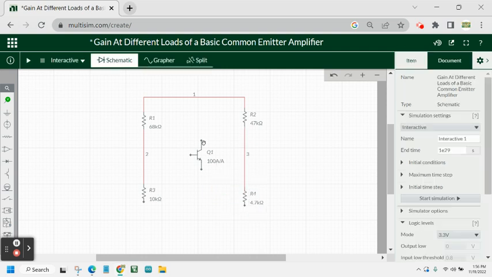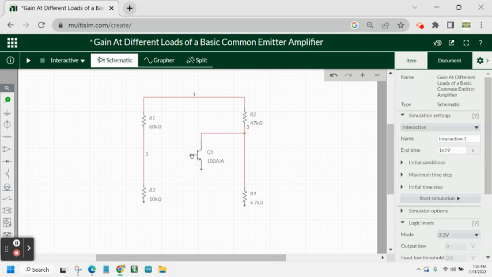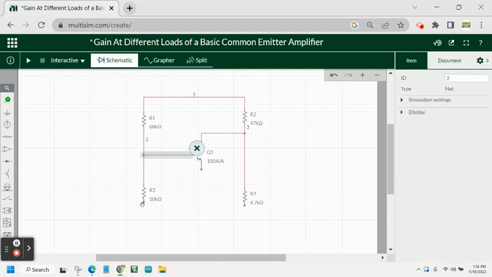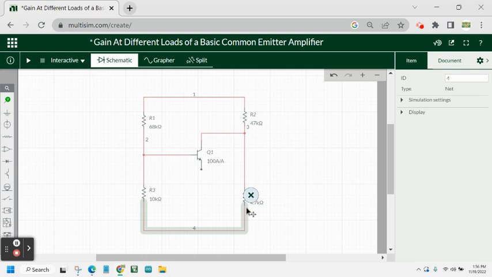And the collector of the NPN transistor will be connected to R3 or R2. The base will be connected in between R1 and R3. And then for R3, we will connect it down here to R4.